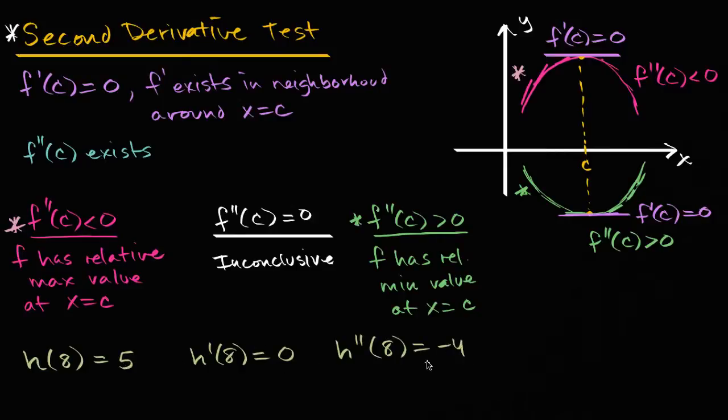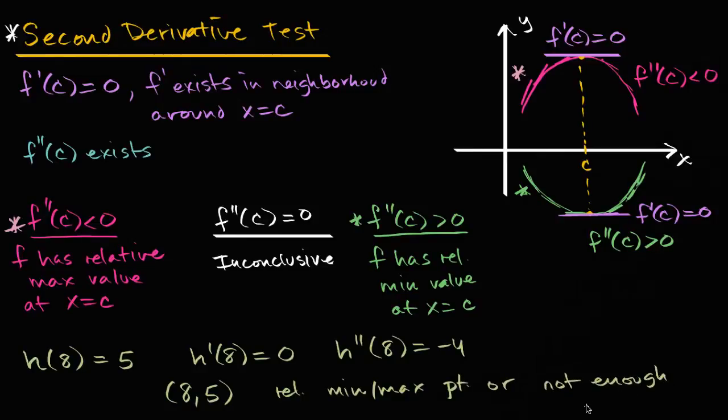So given this, can you tell me whether the point (8, 5) is a relative minimum, maximum point, or not enough info, inconclusive? And like always, pause the video and see if you can figure it out.